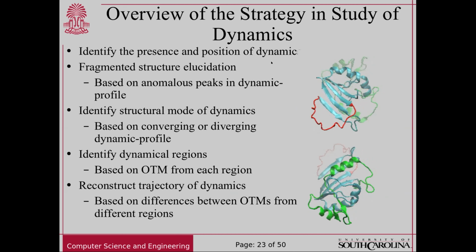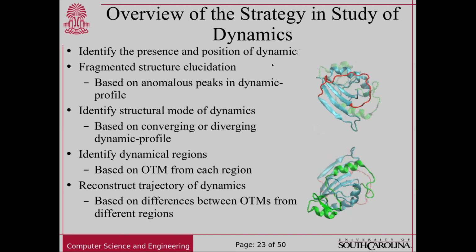Then once you have done that, we fractionate the protein. So we say we know, for example, dynamics starts at residue 50. So I'm going to study the structure of the protein from residue 1 to 49 and from 51 to the end of the protein.